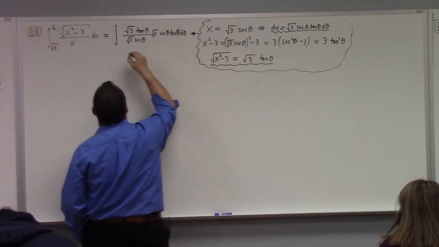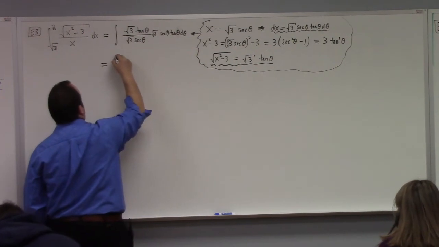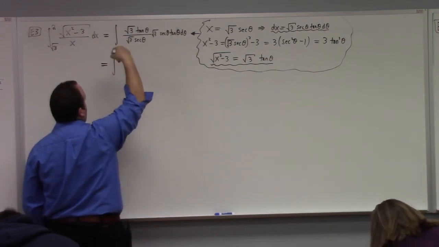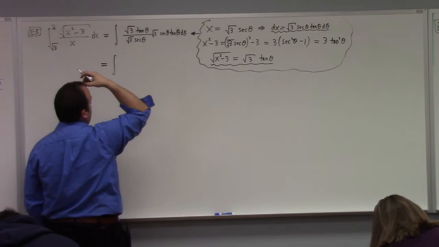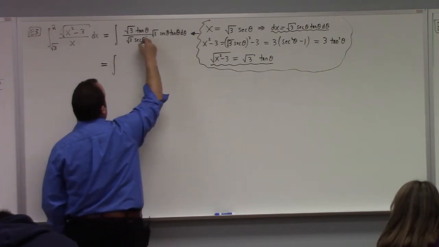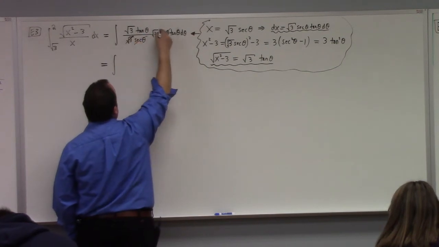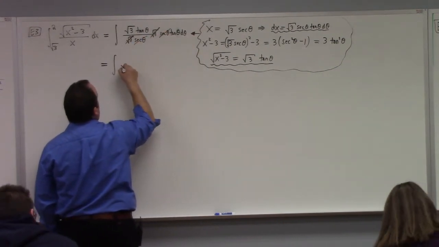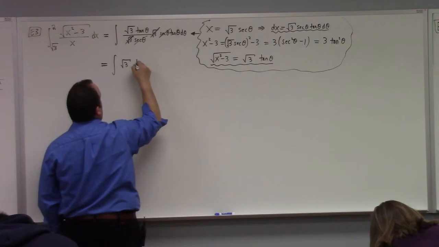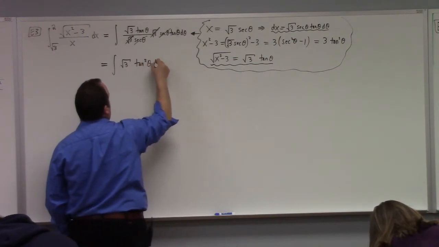All right, well, that's a start. Now the root 3's cancel. Does anything else cancel? Secant thetas cancel. So it looks like we've got root 3 tangent squared theta d theta.